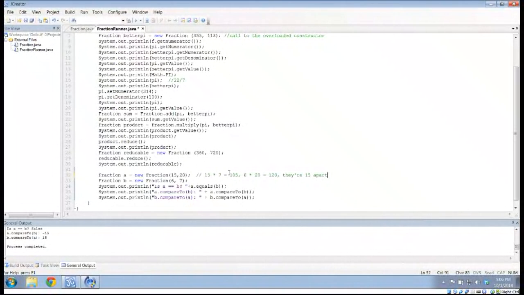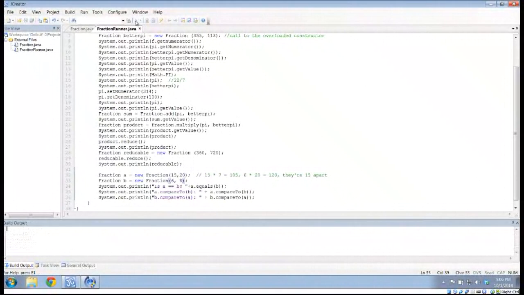If I was to subtract these fractions, I'd either get a positive 15 over 20 times 7, 140, or I'd get a negative 15 over 140. And if I make this tweak one last time, if I change this to an 8, so now this is a 3/4 fraction, this is a 3/4 fraction.